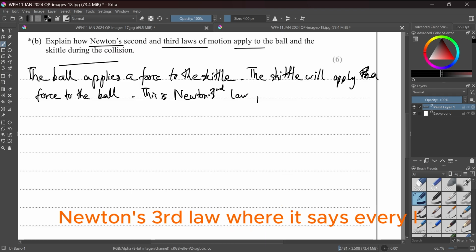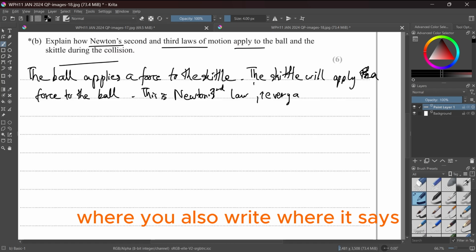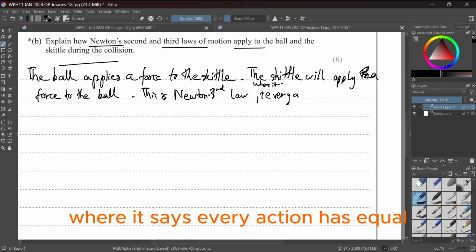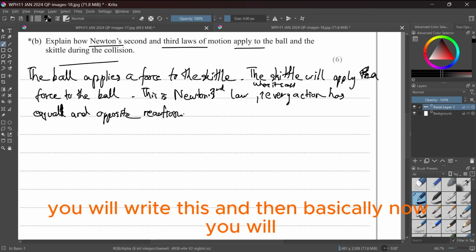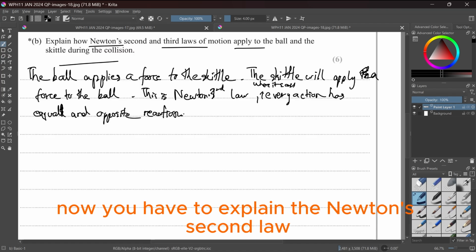Newton's third law, where it says every action has an equal and opposite reaction, right? So you will write this, and then now you have to explain Newton's second law.